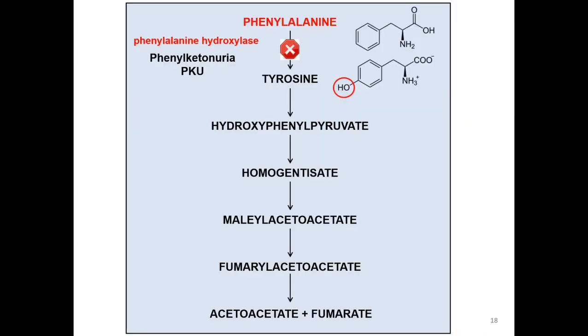So basically this slide shows the path where phenylalanine is converted to tyrosine, and you can see there's a hydroxylation on the ring. But if there's no active enzyme mediating this hydroxylation, then we have the disease. And the enzyme is called phenylalanine hydroxylase, and the disease is called phenylketonuria, which is also known as PKU.